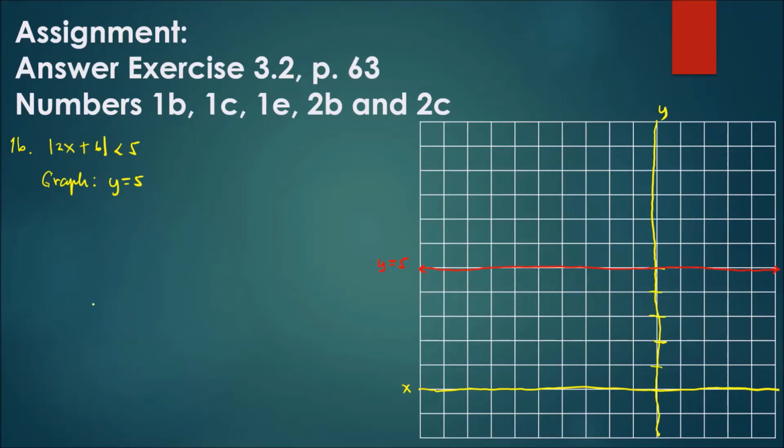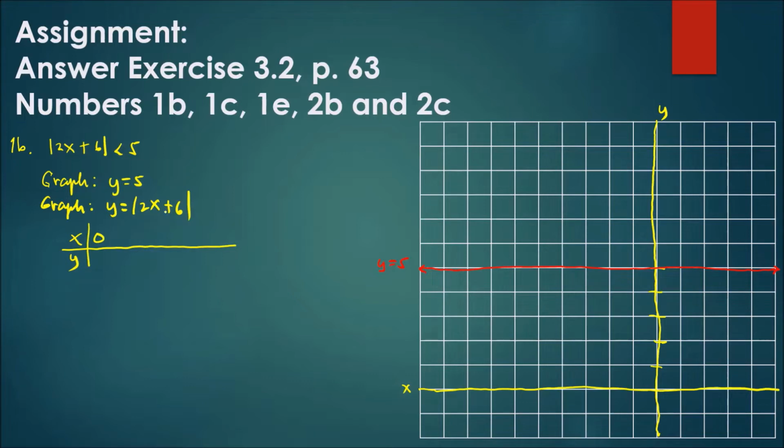Then after that, we also graph y is equal to the modulus of 2x plus 6. In graphing this, we need our table of values, right? Let's begin with the y-intercept, wherein x is 0.